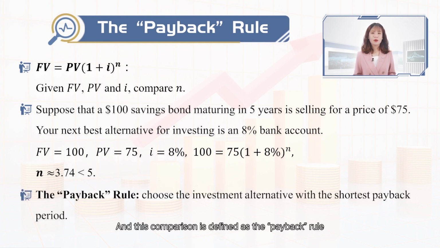And this comparison is defined as the payback rule, which means choose the investment alternative with the shortest payback period. In other words, choose the investment in which you can meet your growth goal, that is, turn the $75 investment into $100 in the shortest period of time.